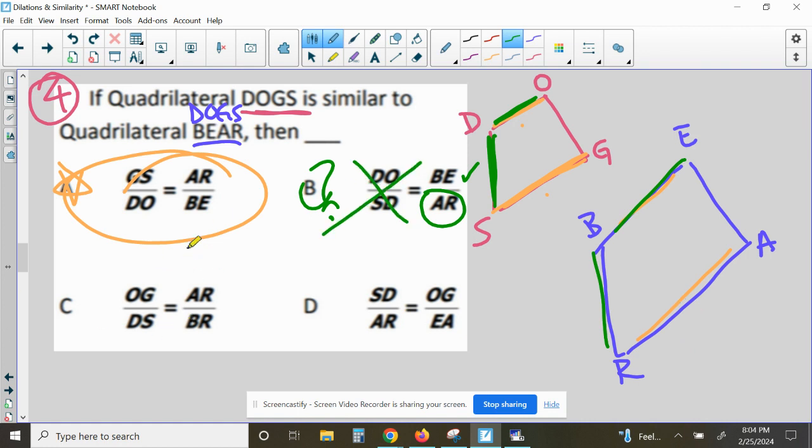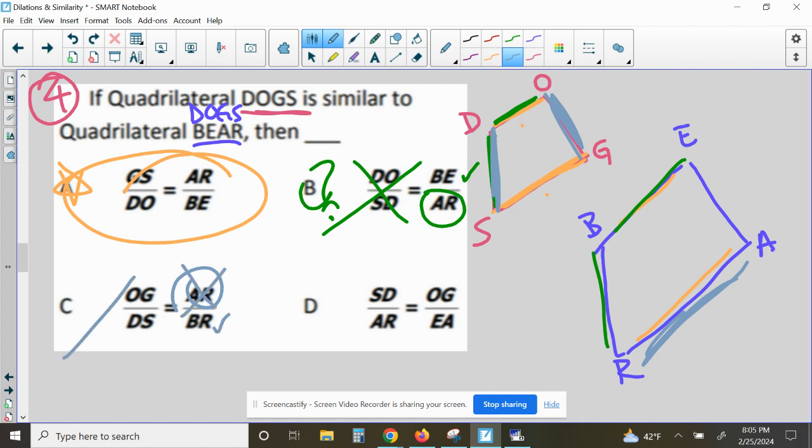Let's look at this one. Let's pick a new color. I'll do this gray. OG. OG is right here. OG over DS. Okay, so that's this right side over this other side. Okay, over here we need, well, look what they do. They go down here. Nope, that's not going to work out, right? This is jacked up because it's going to have to be something with EA over BR. So this bottom looks good and this top is messed up.